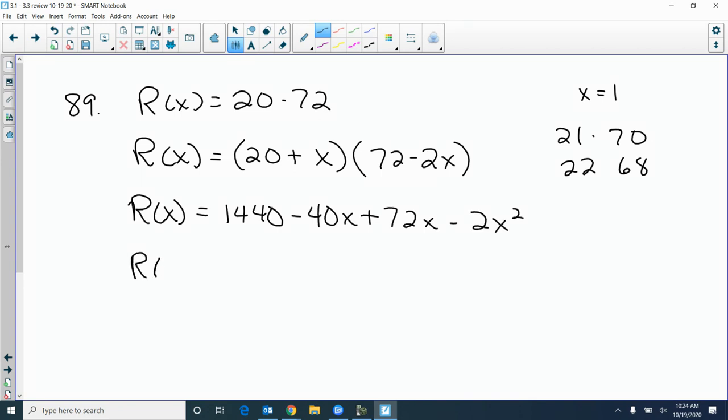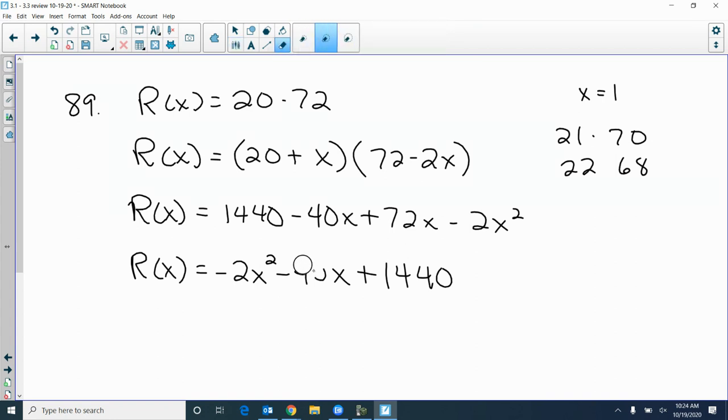So I get R of X equals negative 2X squared minus 40X plus 1440. It's a quadratic. 72, what does that give me? 32X? What was I doing? So that should be plus 32X, sorry.